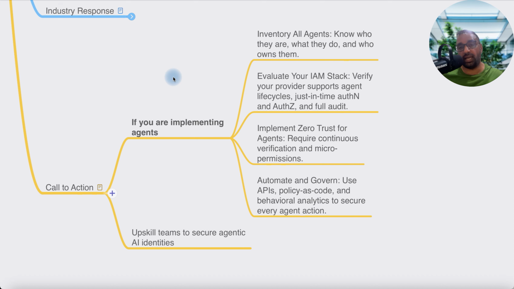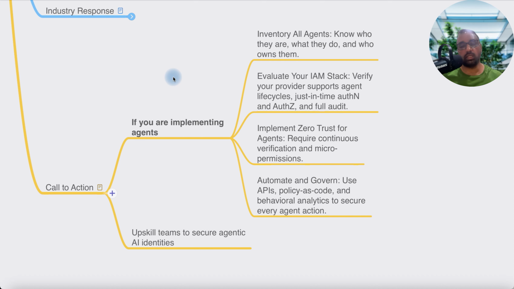Verify if your current IAM provider supports agent life cycles, just-in-time authentication and authorization, as well as full audit. That's a bare minimum. Of course, implement zero trust for agents, which means continuous verification, micro permissions, micro segmentation, etc. Then automate governance. Use APIs, policy as code, and behavioral analytics to secure every agent action. This is the approach you should look for if you're going to implement agents in your organization.